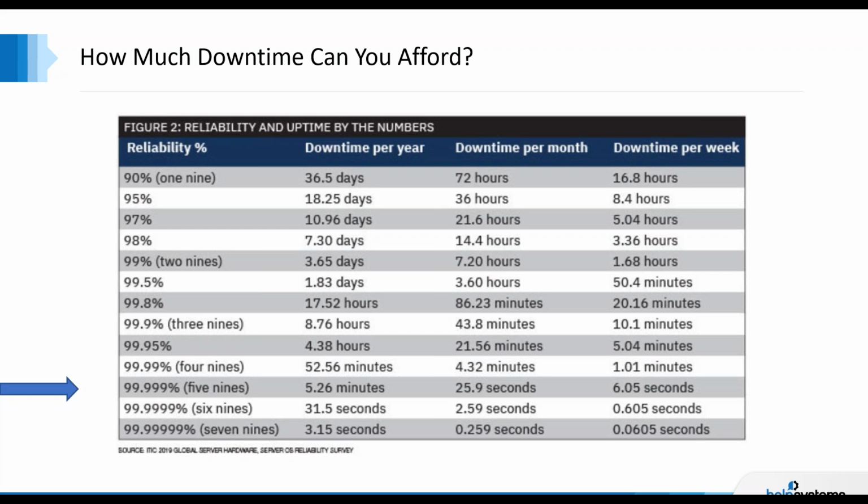Should that second request fail, you've got a 12% chance of that customer trying the request for the third time, or to put it another way, an 88% chance that you'll potentially lose that customer, not only for that transaction, but for future transactions, probably to a competitor as well. So high availability is key, really, in all walks of life.